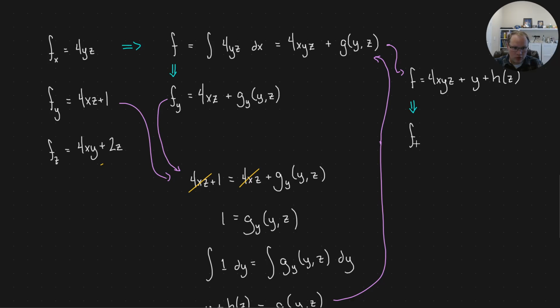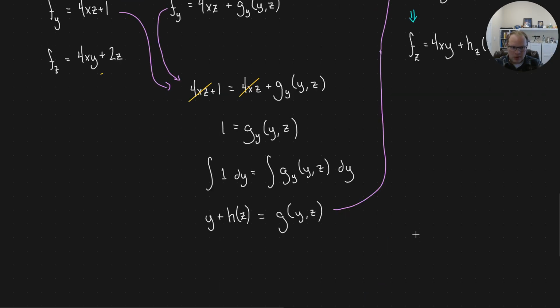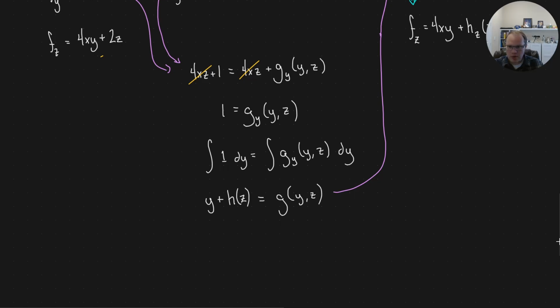Okay, so partial derivative of f with respect to z, I get 4xy. Derivative of y with respect to z is 0. And then the derivative of h with respect to variable z. And so let's pull this guy down here. Let's equate them. Give a little bit more space between that and our previous work.